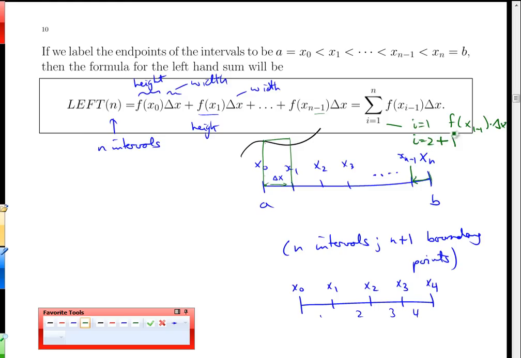You would add f of x2 minus 1 times delta x, and that is f of x1 minus 1 is f of x0, f of x2 minus 1 is f of x1. So this is another way to compactly write out the sum that we have here. Again, not something that's terrifically important in this course, but it's worth seeing, and we will occasionally use this kind of notation for brevity. So if you can get used to that now. If you haven't seen it, please let me know in the forums.